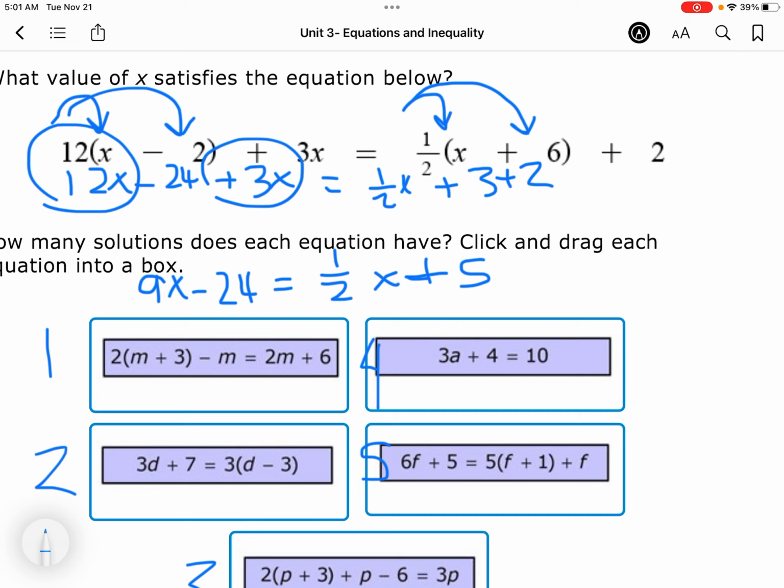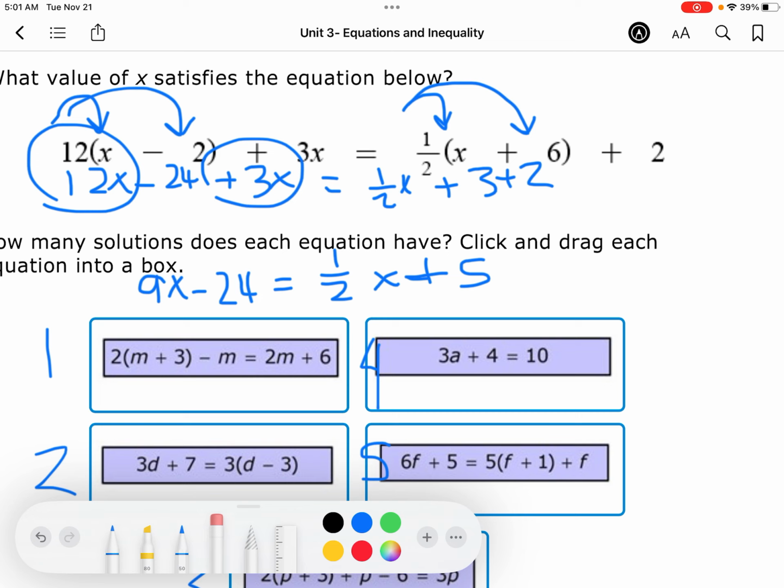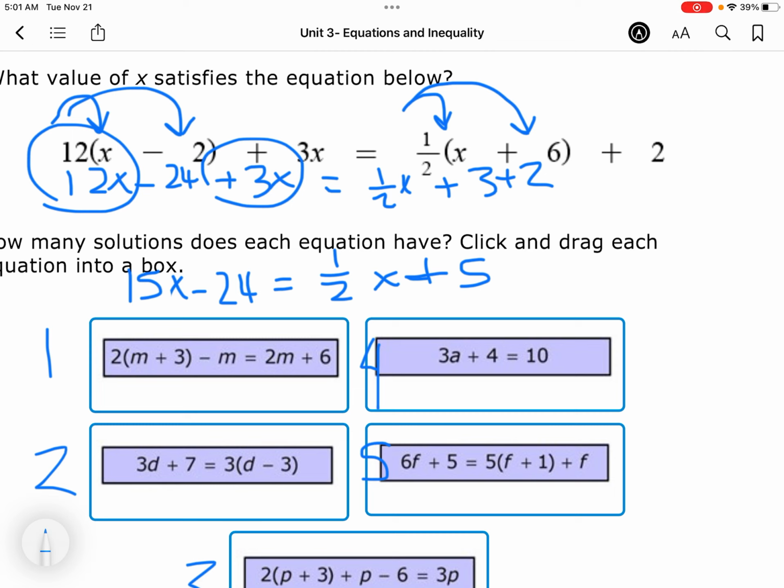Wait a second, it shouldn't be 9x minus 24, it should be 15x. There we go. Okay, then I'm gonna keep going from here.